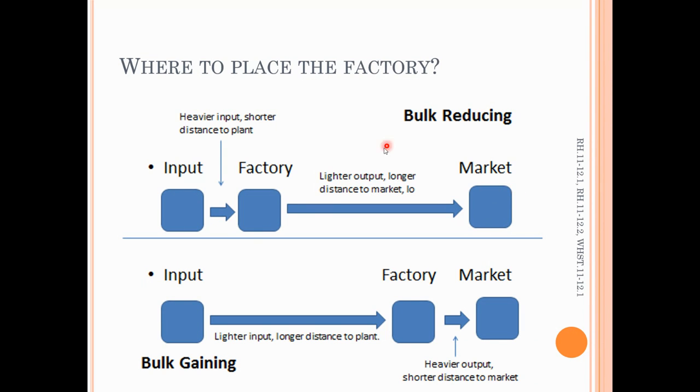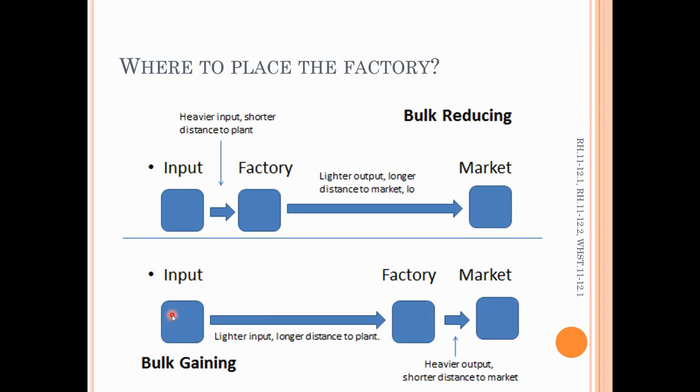All right, the opposite then, bulk gaining. So I'm going to think here, all right, the individual parts themselves don't weigh very much, but whatever my finished product is, it's super, super heavy. So I don't want to move that finished product very much at all.